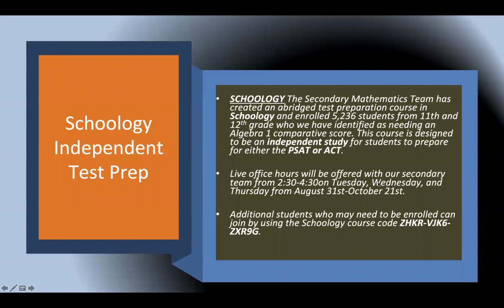Again, this will help them improve on the PSAT, ACT. I know it's not in there, but SAT it will help with. They have live office hours. I forget who it is. The two people, Claire something, and I don't remember their last names. Sorry, only first names. But again, they are amazing individuals and can help tremendously. And it's already started, August 31st through August 21st.